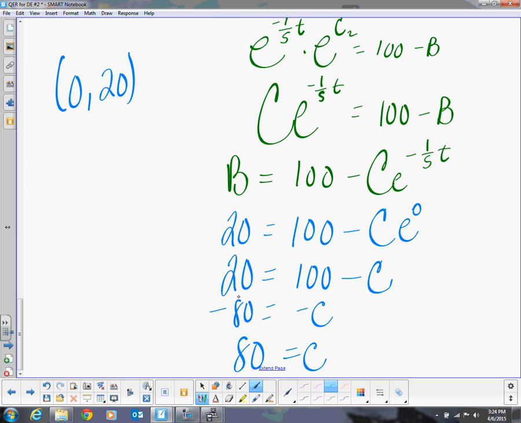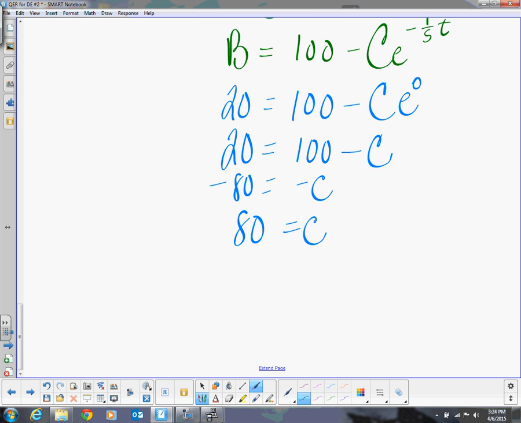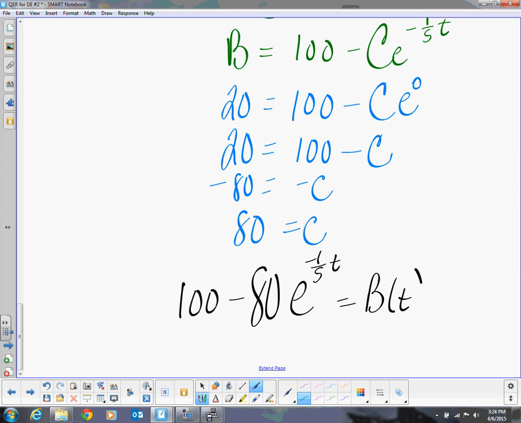So going back up here, this is going to be 80 e to the -1/5 t, and that's going to be 100 minus 80 e to the -1/5 t is equal to b of t.